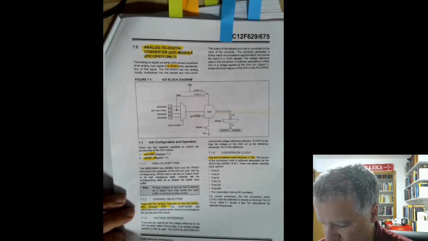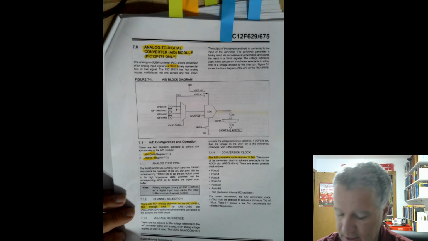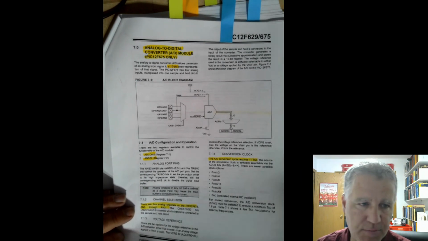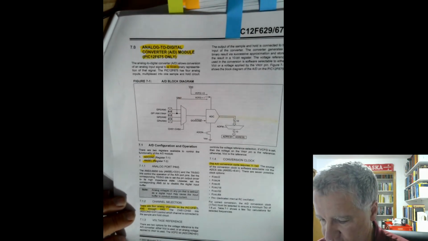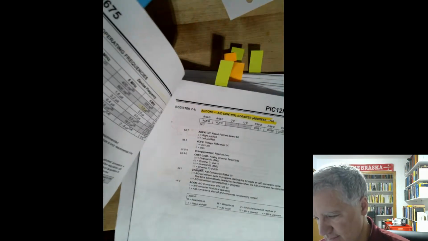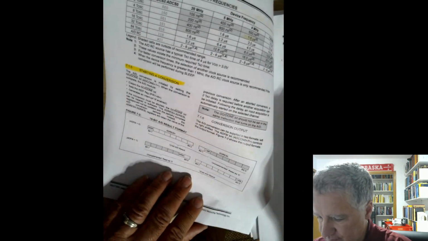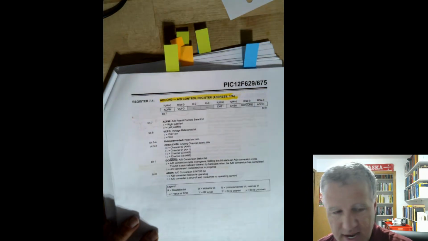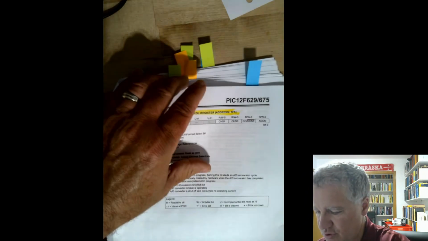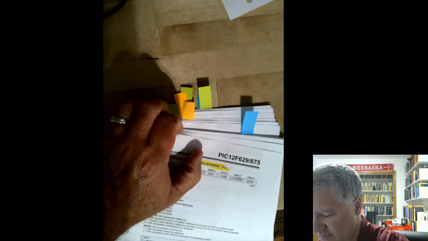It takes a number of clock cycles to cycle this through, and we'll do a couple of labs that help us understand how that all works. And I must say that there's some pretty good, although we'll need to supplement this, instructions on how to utilize the analog to digital converter there.